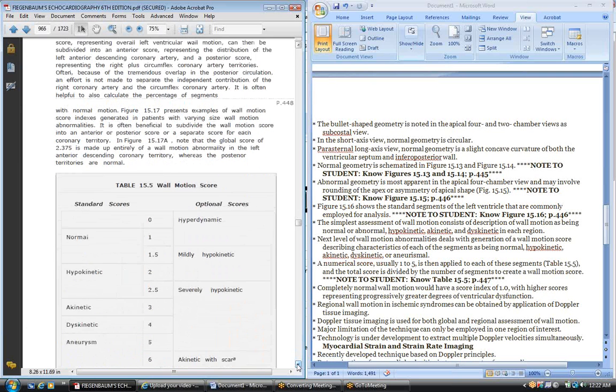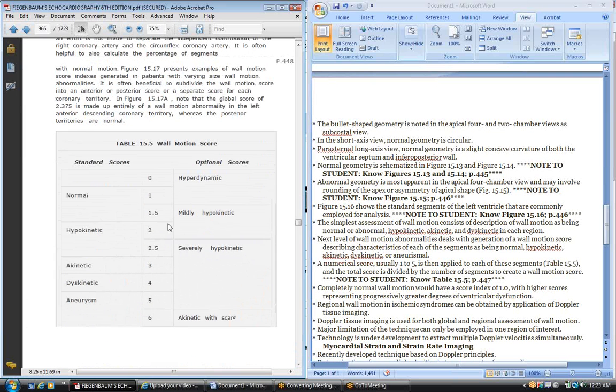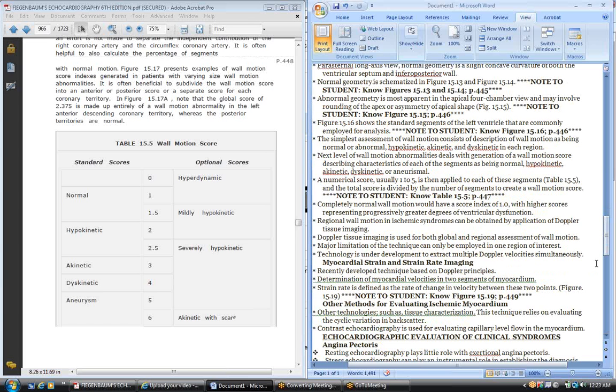For the wall motion score, mildly hypokinetic is 1.5, hypokinetic is 2, severely hypokinetic is 2.5, akinetic is 3, and so on and so forth. Then you divide that by the 17 to get a wall motion score. The score is strictly used for stress tests. Completely normal wall motion would have a score of 1, with higher scores representing progressively greater degrees of ventricular dysfunction.